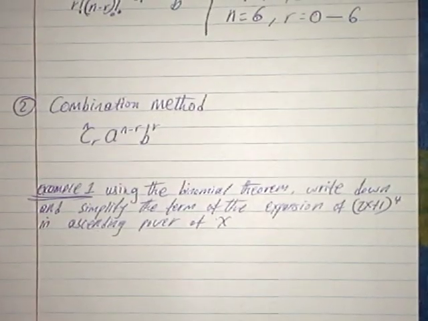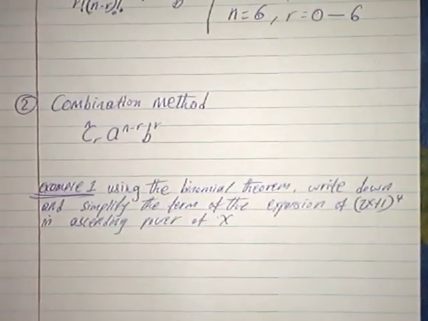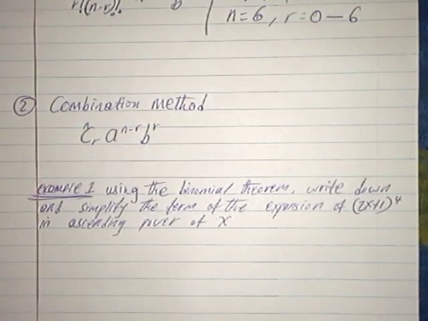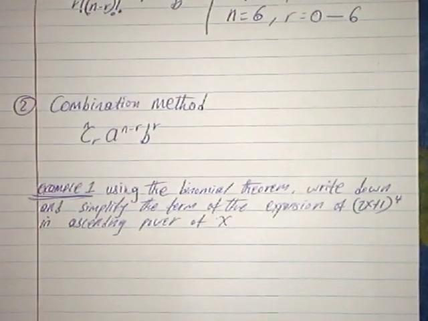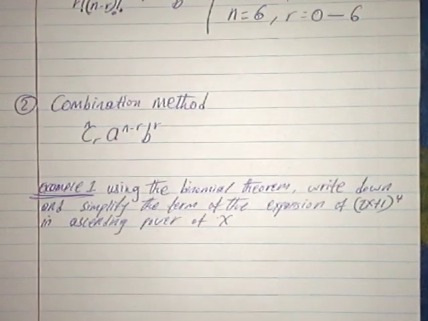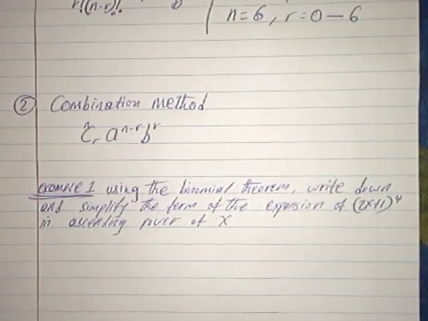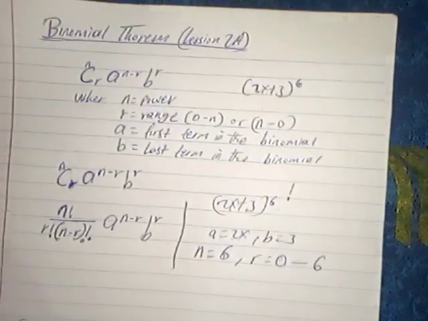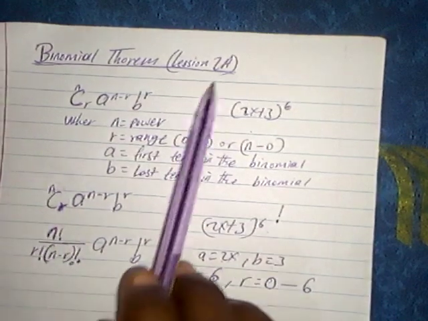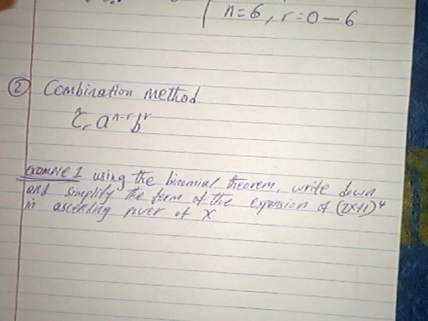If you have not yet watched lesson 1 of binomial theorem, please go and watch it. In lesson 1, I took my time and precisely explained to you how to identify a binomial, how to solve binomial using the Pascal triangles, right? This is lesson 2a of the binomial theorem. Watch out for more.